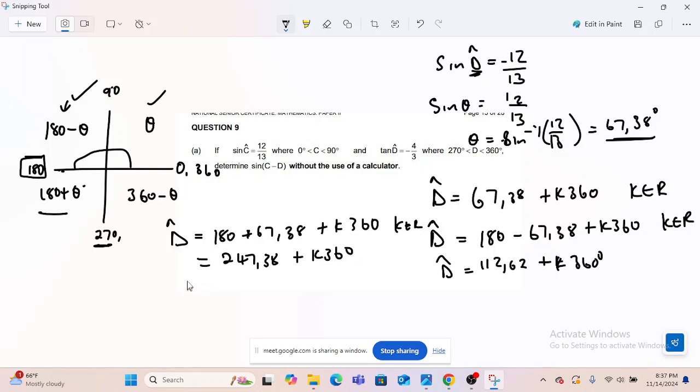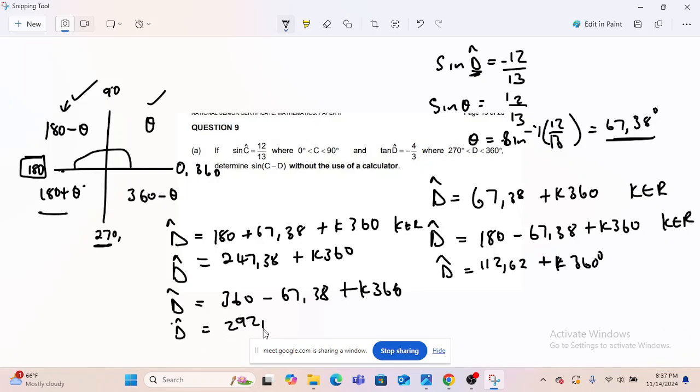And the second one is going to be 360 minus 67.38 plus K 360. What is that? 292.62 plus K 360.